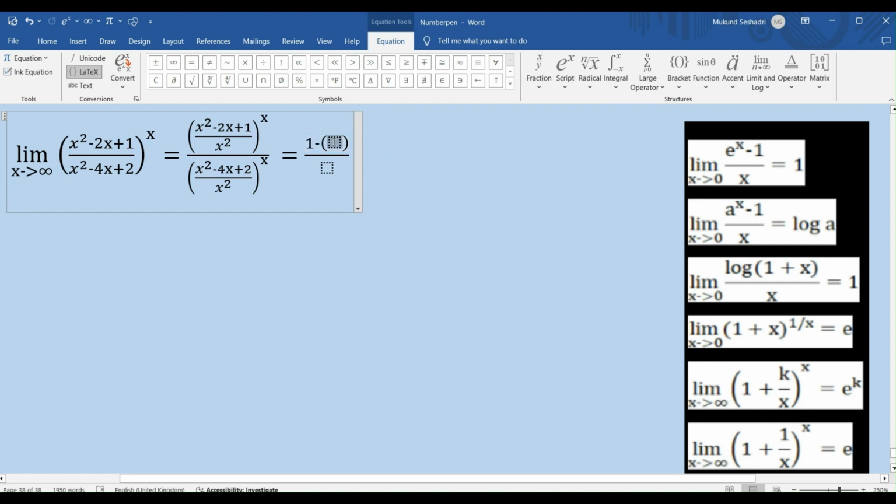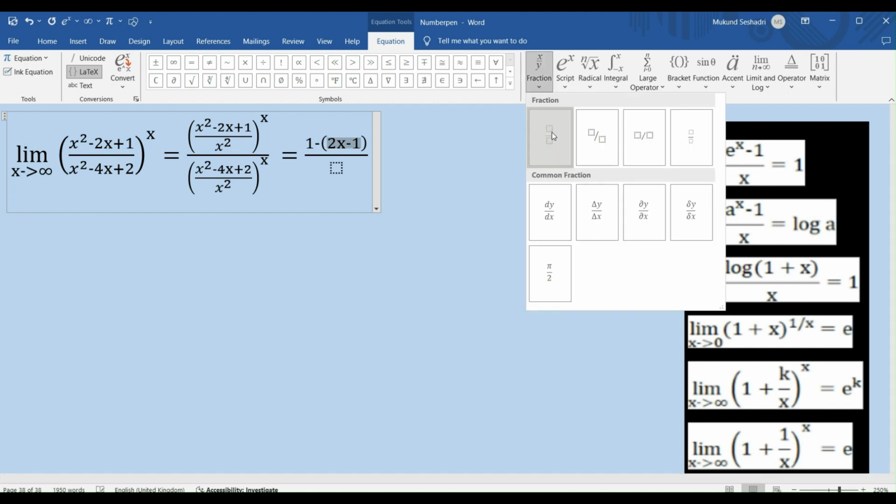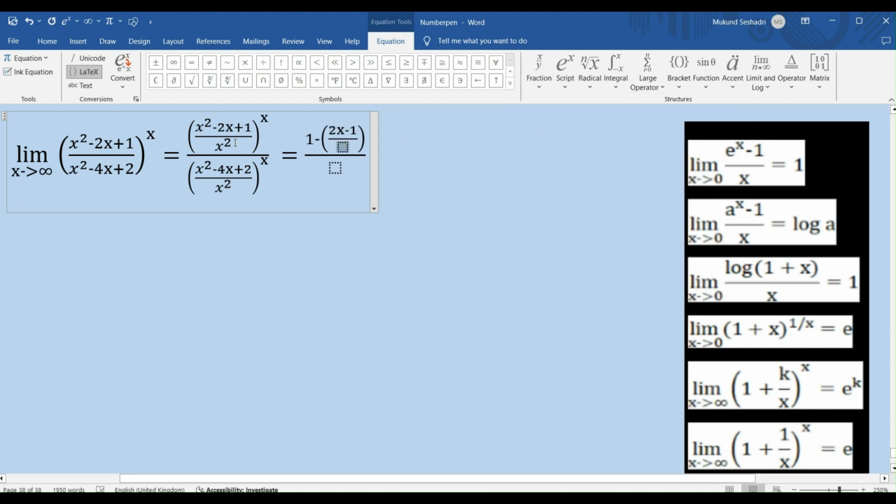I have it as 2x minus 1. I can write this further as 2x minus 1 divided by x square, and this entire expression we bracket it and raise it to the power x.